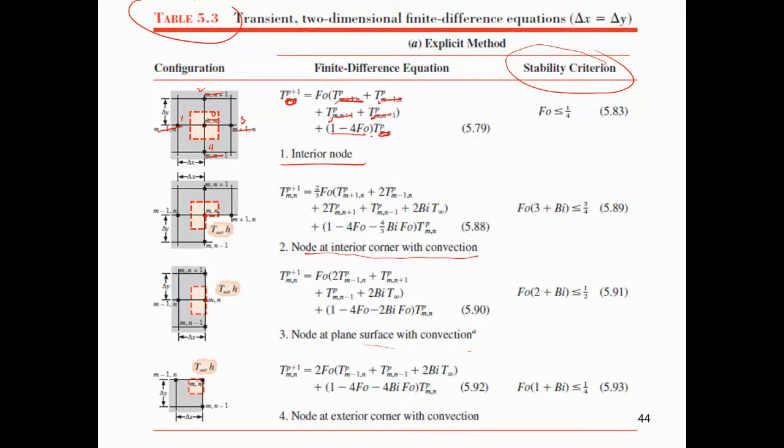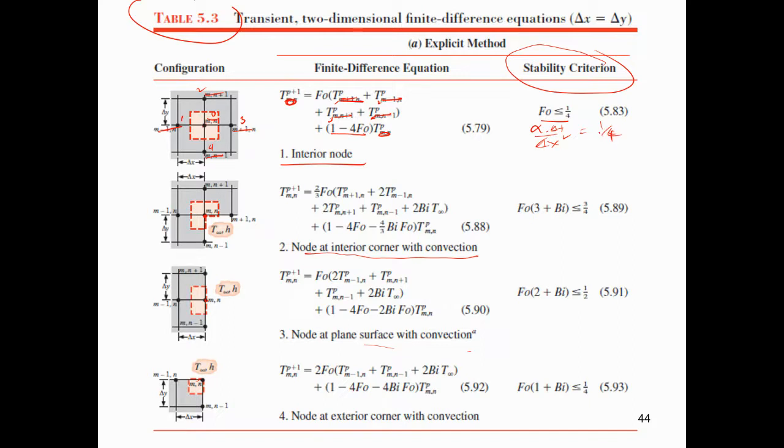So here, if you have 1/4, then this is stable. So alpha delta t by delta x square is 1/4. This is the minimum.